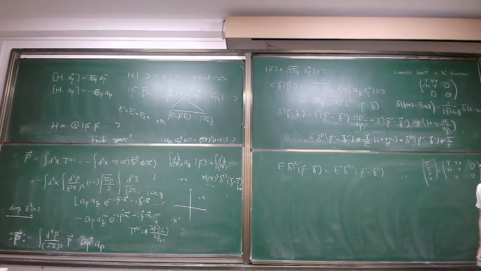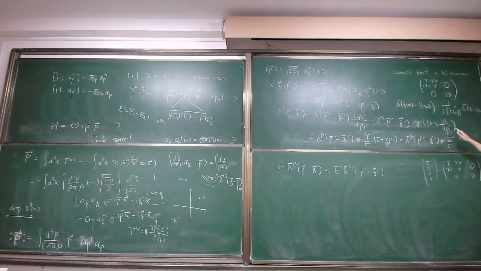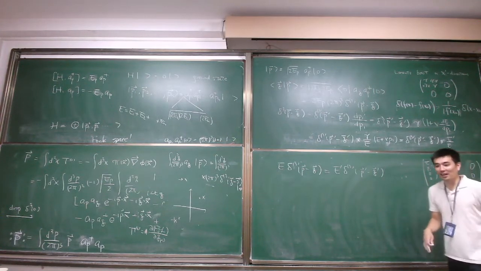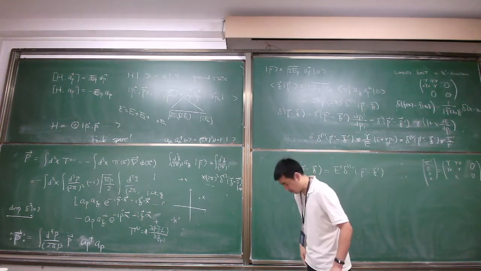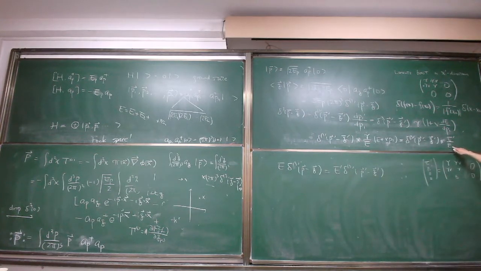Do you understand? If you don't understand, just tell me honestly. I just apply P prime 1 is this guy, so then the derivative is this one. I hope you understand. If you don't understand, just tell me later after. So just multiply capital E here.